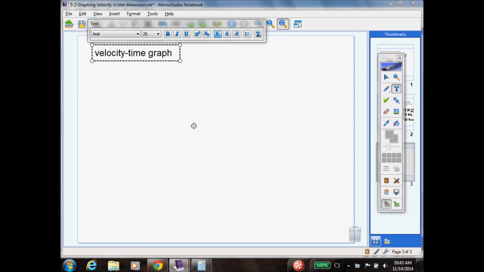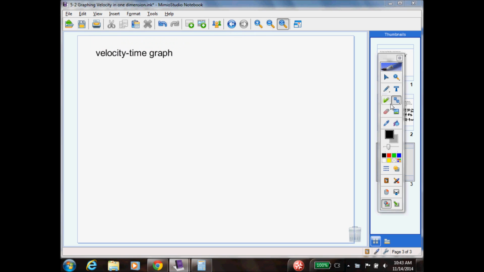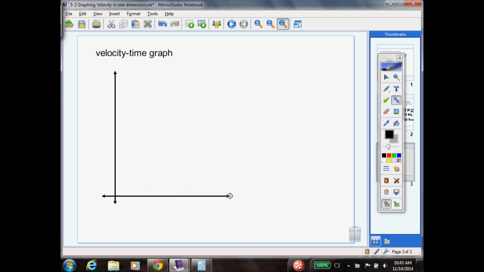For a velocity time graph, unlike position versus time, we're going to do just a really quick little graph here. We'll put in time, in seconds, and we're going to make this v, or velocity.